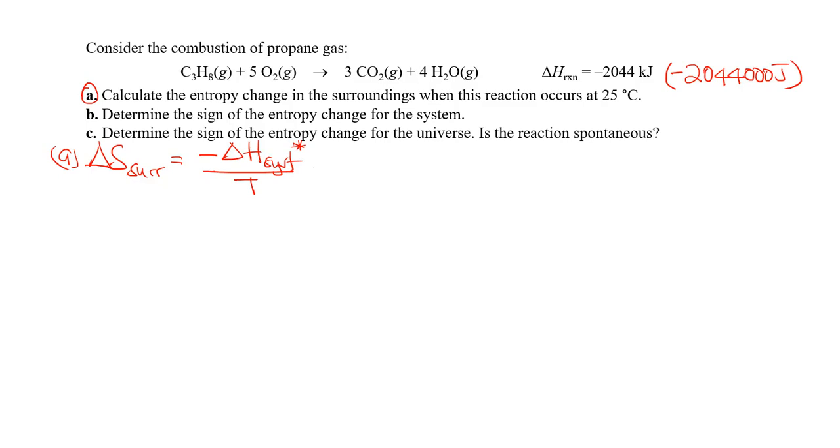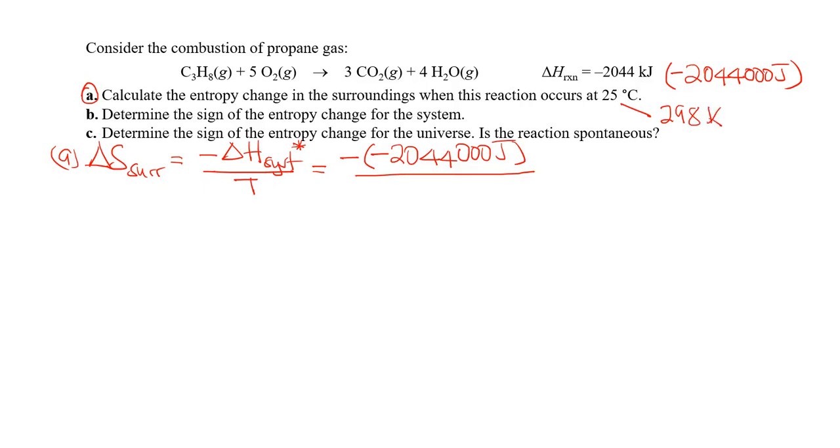So for this one, I'll go on and say negative. Then inside I'll put negative 2044,000 joules divided by the temperature. This temperature must always be changed to Kelvin. So this is 298 Kelvin.